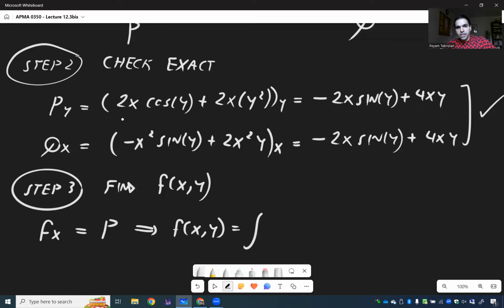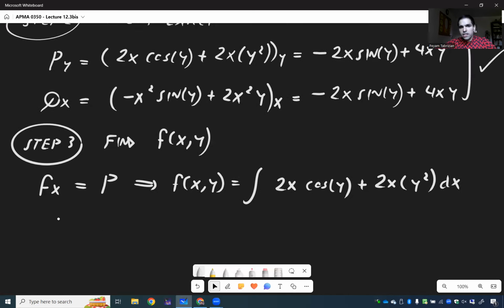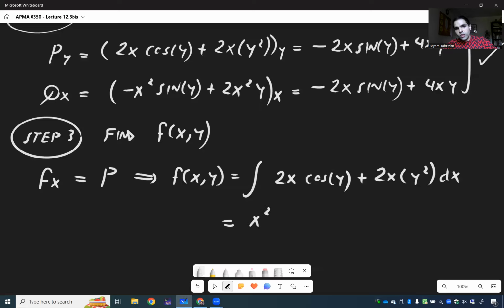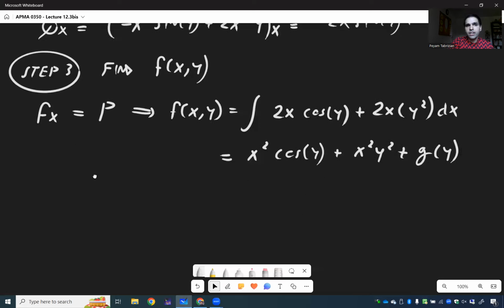Use the original thing. So the integral of 2x cos y plus 2xy² with respect to x. So that just becomes x² cos y plus x² y² plus g of y, constant with respect to x, so any function of y.